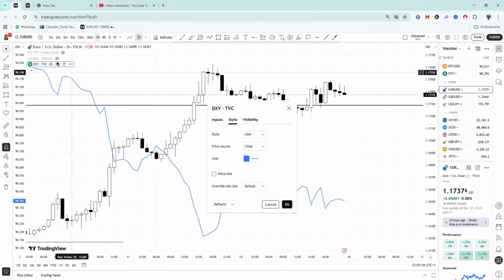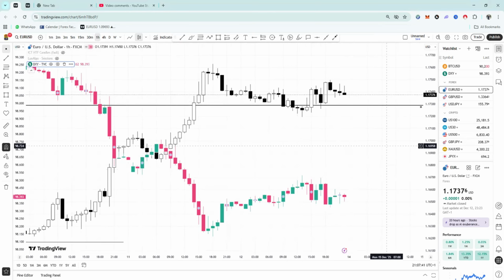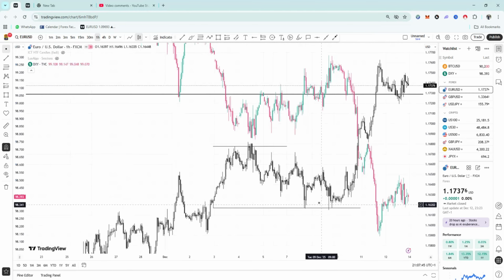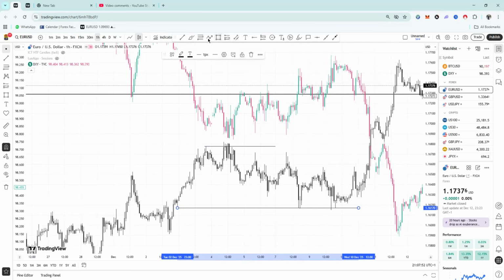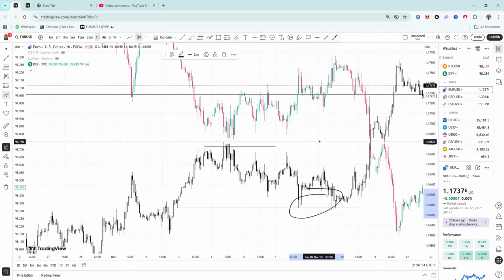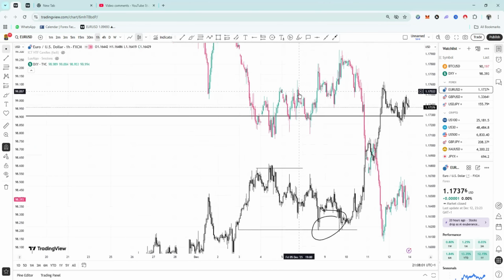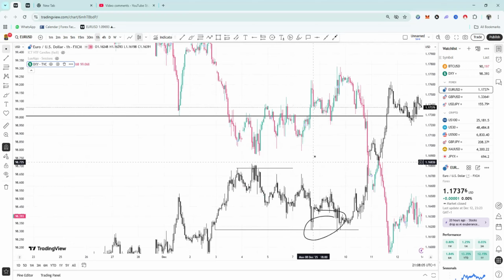Let's quickly check if we had any reason to. Okay, that's the low and the high of that CRT. I think this is the area, and this is the low of the CRT here. This was where price took out the low of the CRT, and looking at DXY, we will now be looking at the high, which should be this same high.